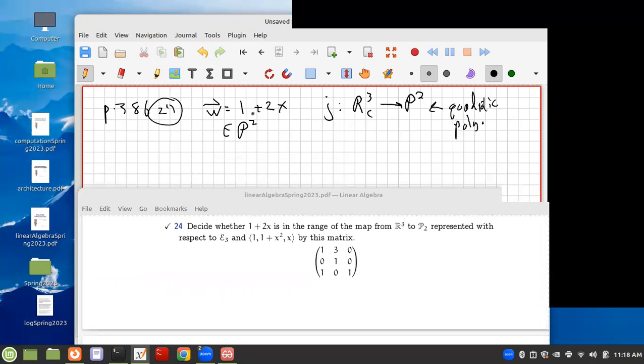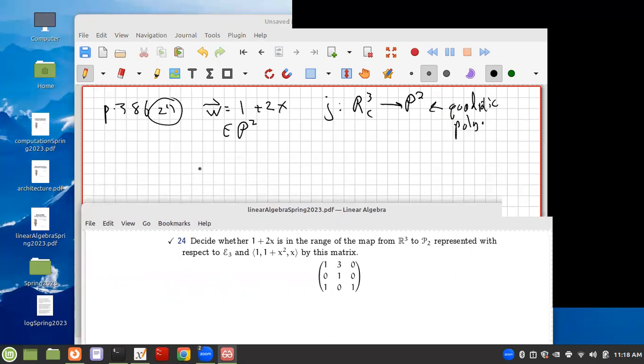We have to decide whether this vector is in the range of the map from R^3 to P^2, which is represented with respect to E3 for the domain. That's the standard basis, E3 equals (1, 0, 0), (0, 1, 0), (0, 0, 1). But for the codomain, we're using the basis 1 plus x squared, and x, which is not the standard basis.